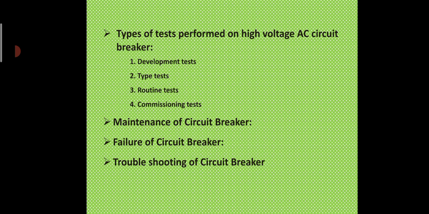Routine test. Routine tests are performed on each circuit breaker before dispatch. Mechanical operation test, contact travel, characteristic timing, millivolt drop test, measurement of resistance, power frequency voltage test at the manufacturer premises, and voltage test on the auxiliary circuits.